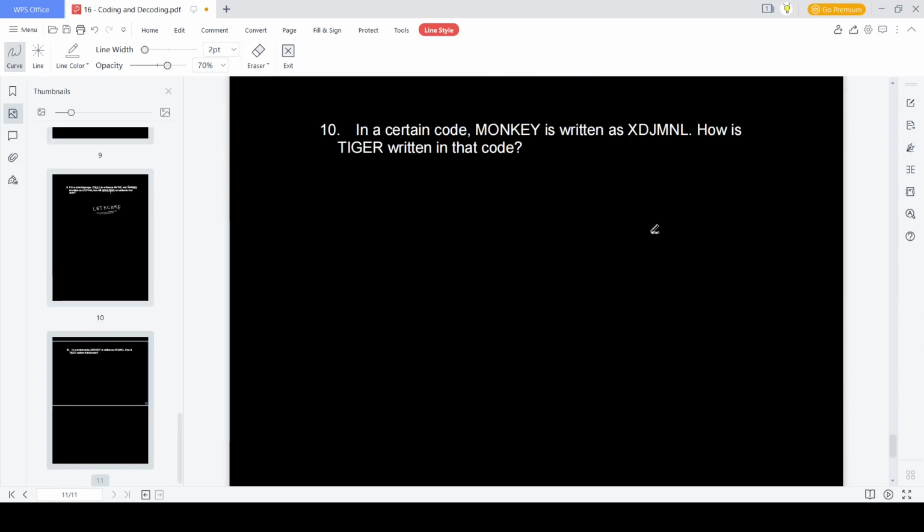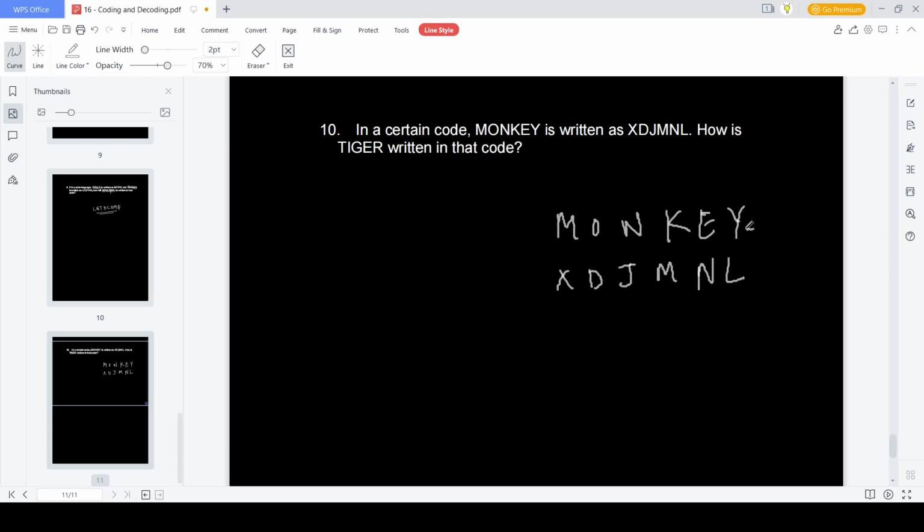Last question. In a certain code, monkey is written as XDJMNL. How is tiger written? This is like adding everything that we learned till now. It's very hard to see. Monkey is written as XDJMNL.